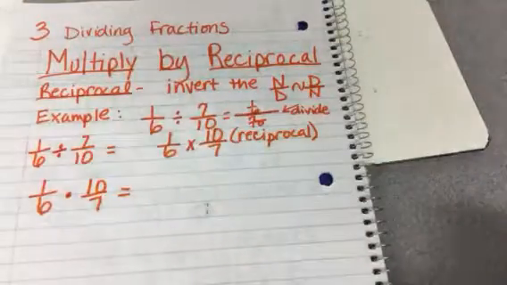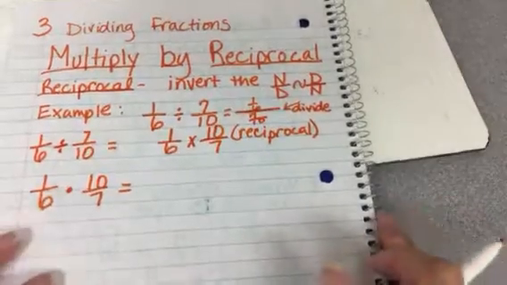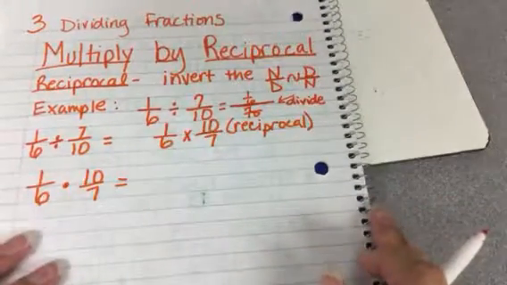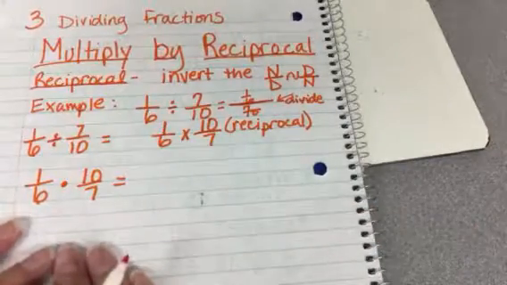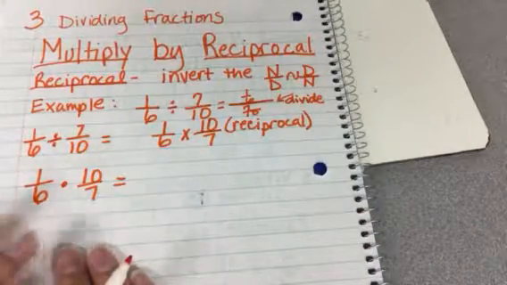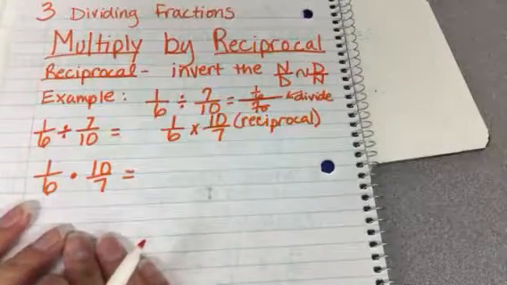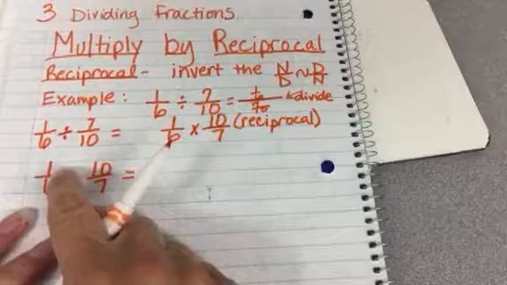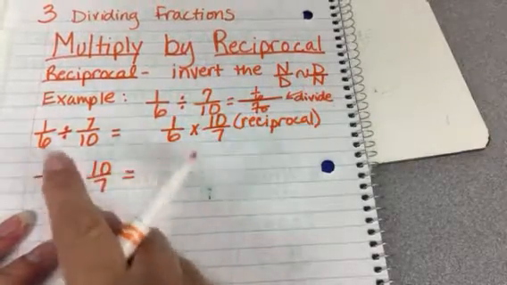Now, when we do that, remember, now we go back to our rules about multiply. Okay, so we're going to think, can I reduce? I think it's very important that we ask ourselves that at this time. Is there a numerator and a denominator that both can be divided by the same number evenly? Well, 1 only has one number that it can be divided by, and 1 doesn't count because it doesn't change our value.